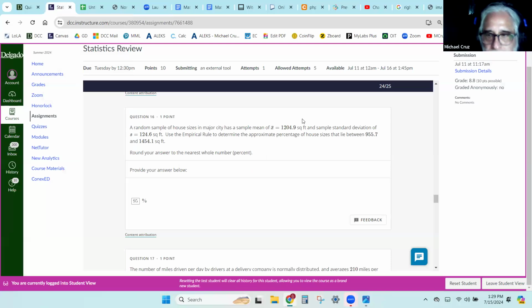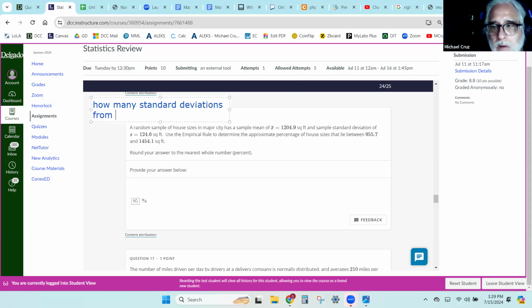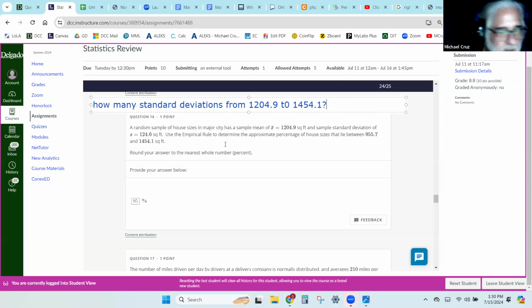So with that being said, how many standard deviations is it from 1204.9 to 1454.1? That'll pretty much give us our answer. It needs to be the same on the subtraction side, but how many standard deviations is that?